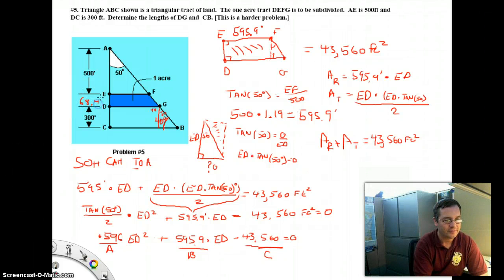So we know, if we think about this area here, this is 68.4 feet in length. Now, the second question was they wanted you to figure out length DG. And again, we knew that length DG was basically length EF plus whatever this opposite side of the triangle was. Well, recall that length EF we've determined was 595.9 feet.